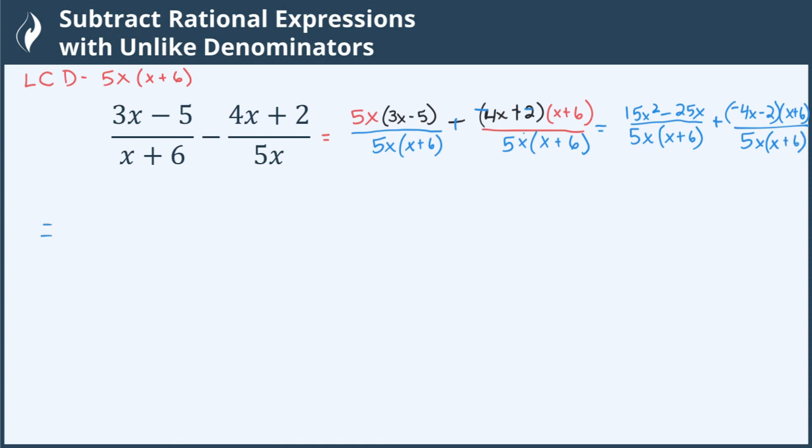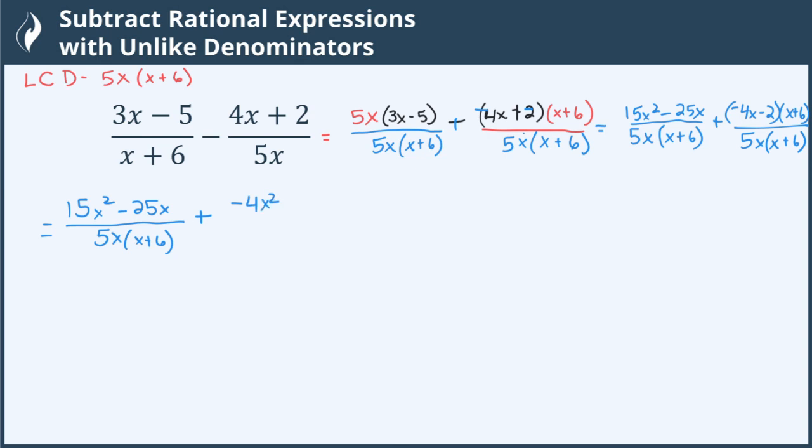So down here, I still have my 15x squared minus my 25x all over 5x times the quantity of x plus 6. But I'm going to be adding to it. I'm going to be working this out. So a negative 4x times x is going to give me a negative 4x squared.